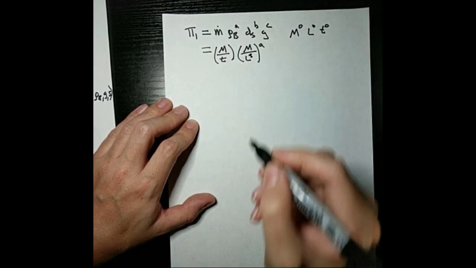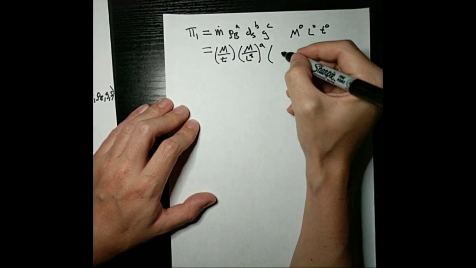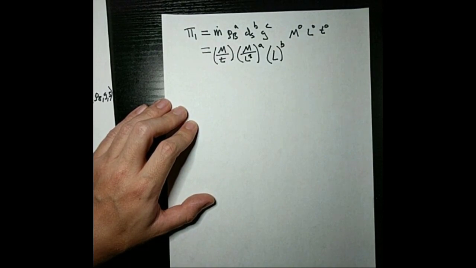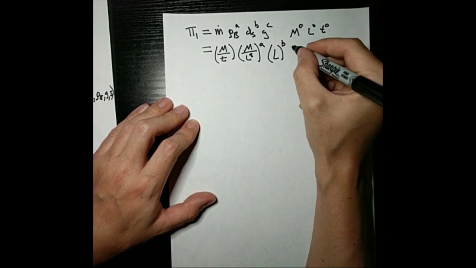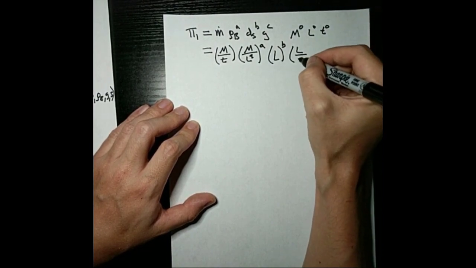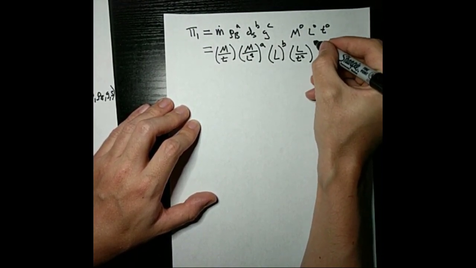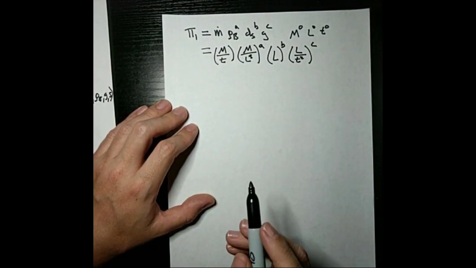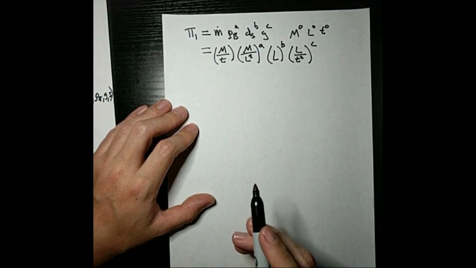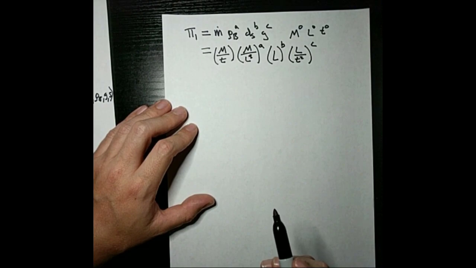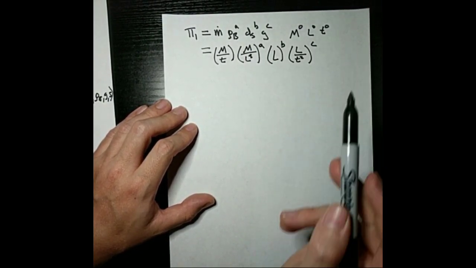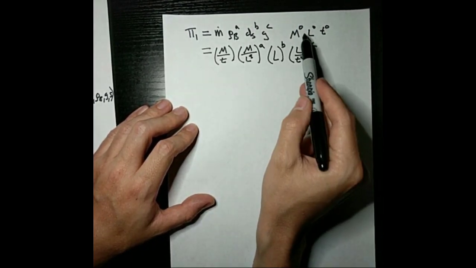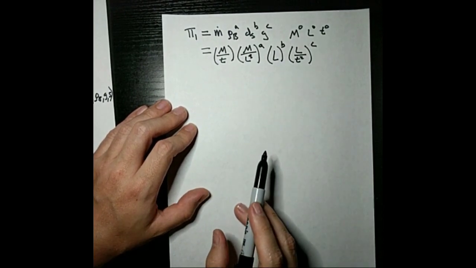And again, that's brought to an arbitrary exponent A. Our particle diameter is just L. That's brought to arbitrary exponent B. And gravity is length per time squared. And that's to arbitrary exponent C. So we've got 3 dimensions that we want to get rid of. So we can write 3 simultaneous equations, and then we can solve for A, B, and C. And if we do it correctly, we'll end up with a dimensionless group that has no dimension to it.